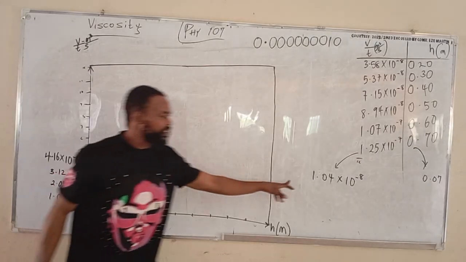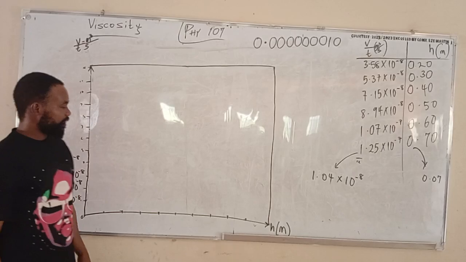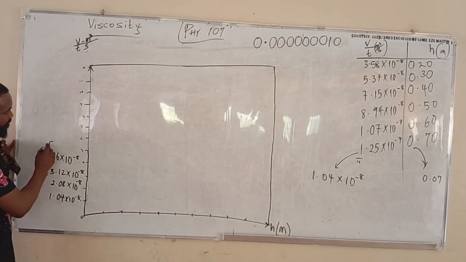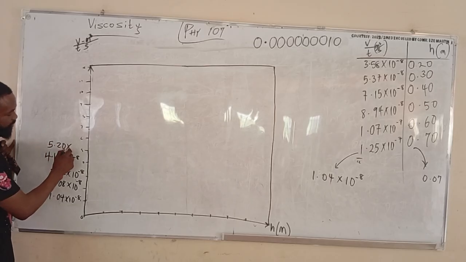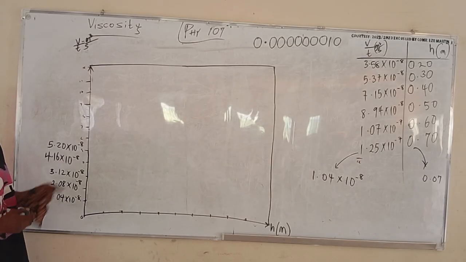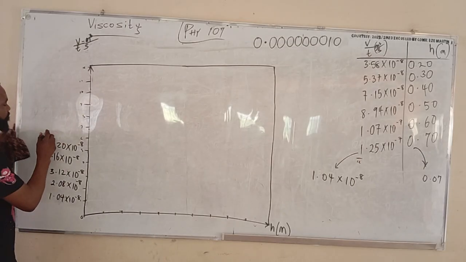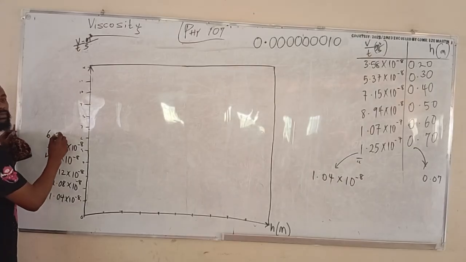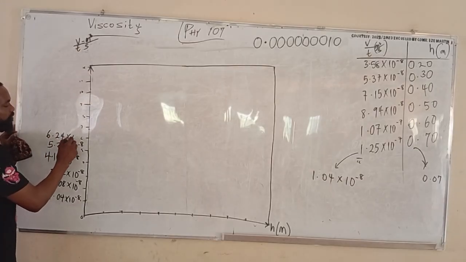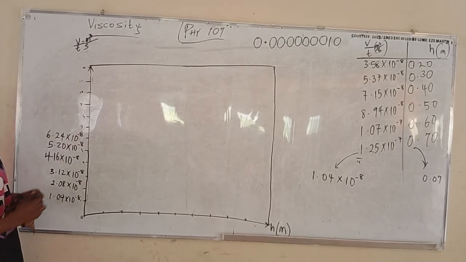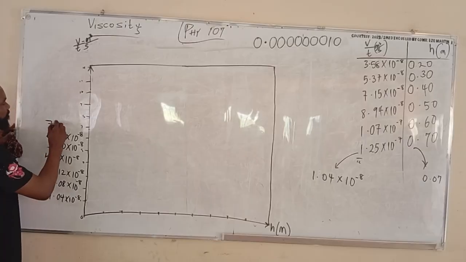But do for me the same thing again. 5.20. Okay, this is the 6 points. Do 6 times 10.